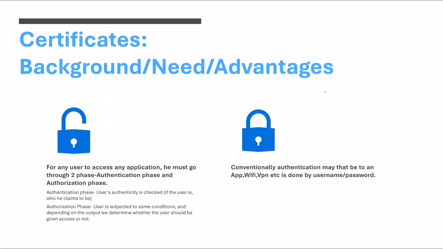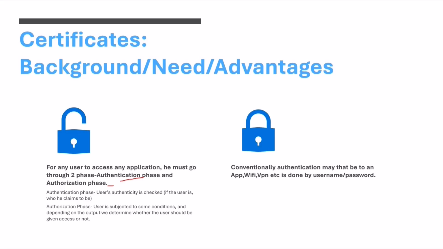Okay, so very basic. Let's first talk about what certificates are and why we need them. We know that for any user to access any application, they have to go through phases. First is the authentication phase and second is the authorization phase. For example, let's say that tomorrow you want to access Outlook.